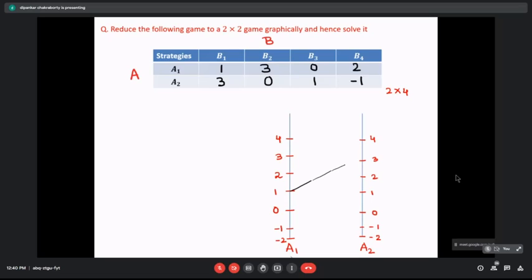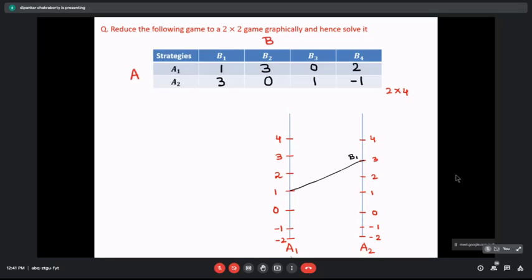The line may not be perfect because I'm writing on a pen tablet, so please bear with me. So this line represents the strategy B1. Is it okay to all of you?